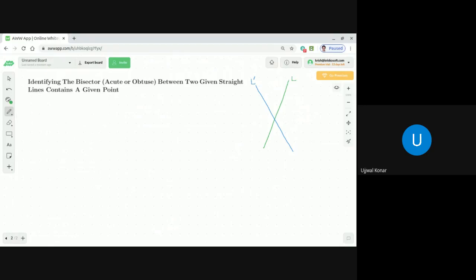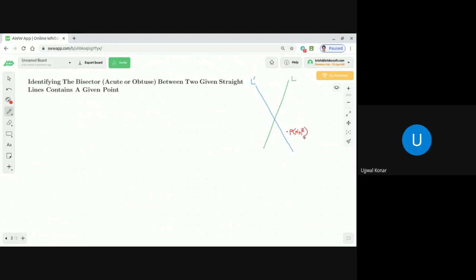Now, the equations of L and L dash are given to us. And apart from that, a point is also given to us. Suppose a point is somewhere given to us as P, with coordinates, let me write it here, alpha comma beta.